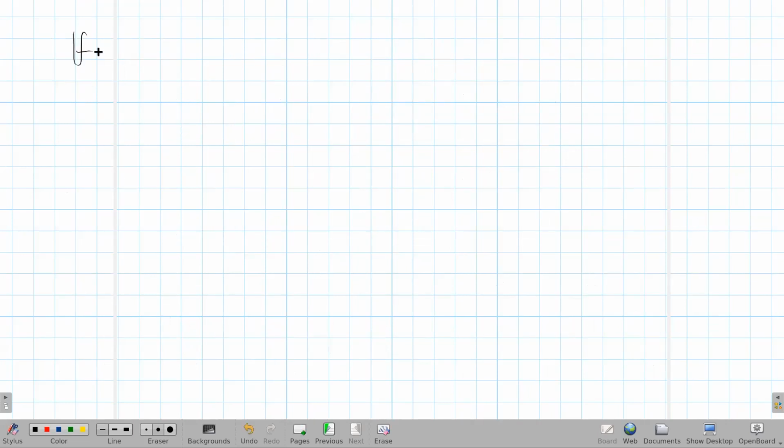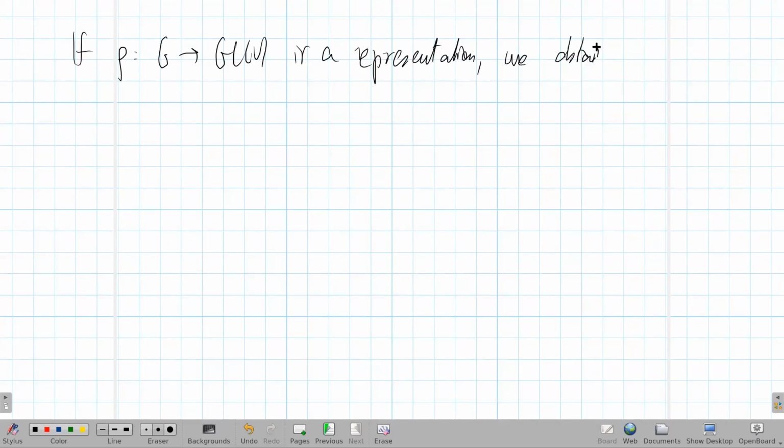So if rho is a representation, remember this means linear representation, this gives to V, to the vector space, the structure of a CG module.